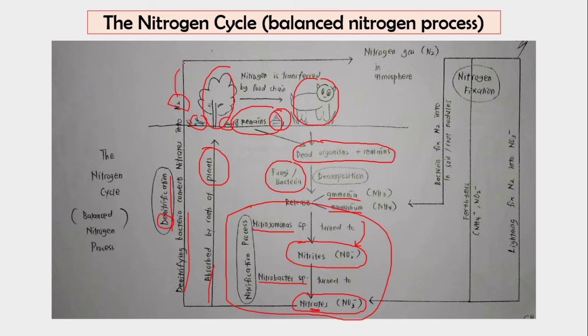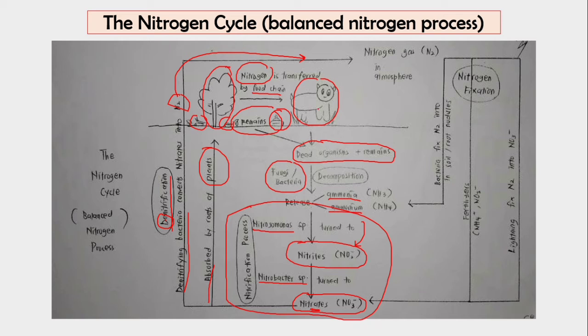And this nitrogen gas will be released into the atmosphere. Okay, got it? Okay, the nitrates that are absorbed by the plants, these plants will transfer the nitrogen into animals or consumers through the food chain.